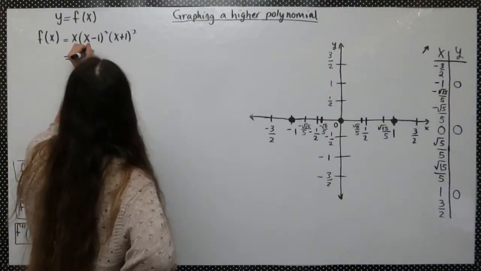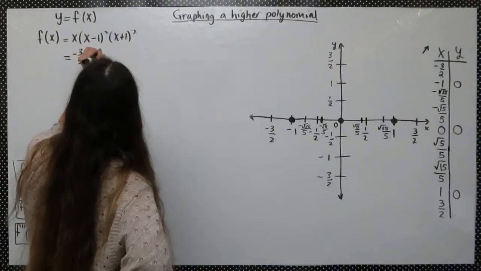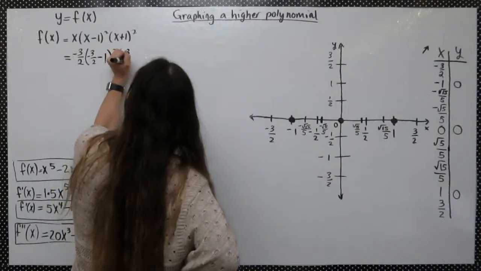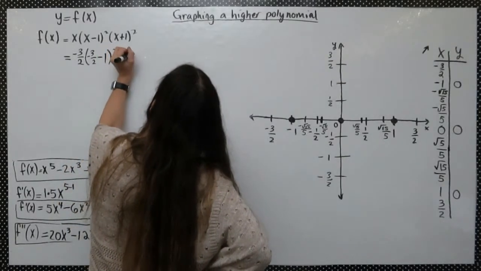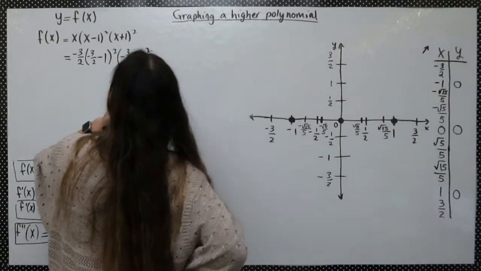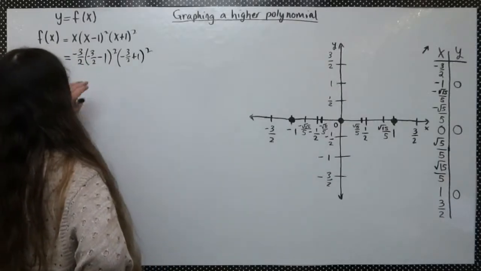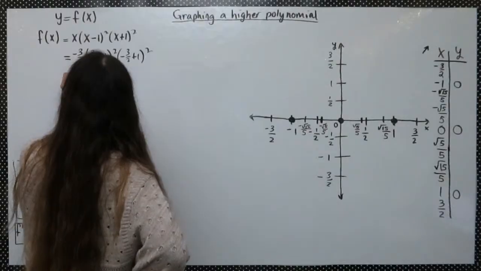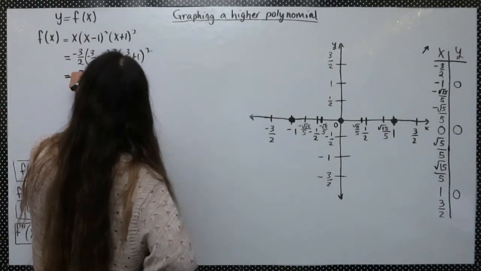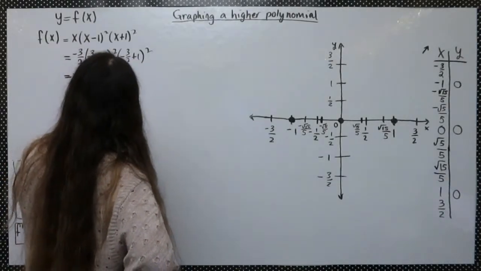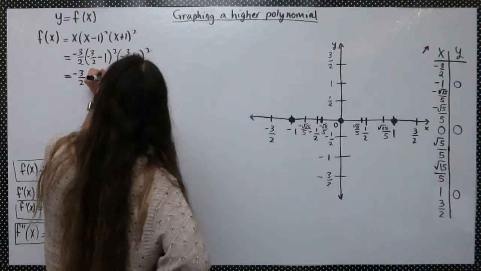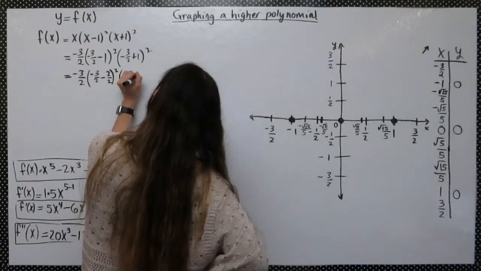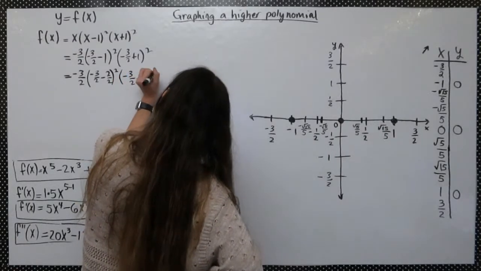So let's see, it's 3 halves minus 1 quantity squared, and this is -3 halves plus 1 quantity squared. Okay, so let's see if I can get equivalent fractions real quick. So this is -3 halves minus 2 halves, quantity squared, and -3 halves plus 2 halves, quantity squared.